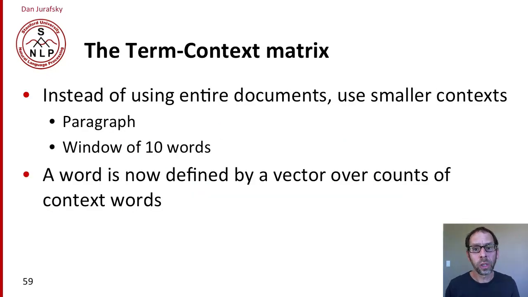So the intuition of word similarity, distributional word similarity, is instead of using entire documents like we used for information retrieval, let's use smaller context. We could use a paragraph, or we could use just a window of 10 words. And now we define a word by a vector over these context counts for whatever this context is. So let's suppose we use context of 10 words to the left and 10 words to the right.